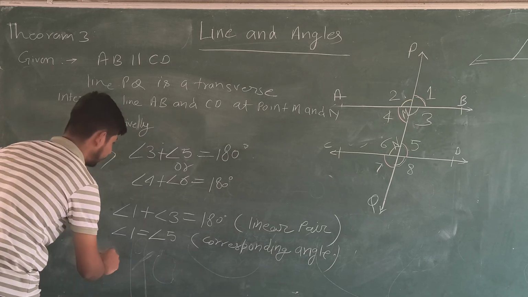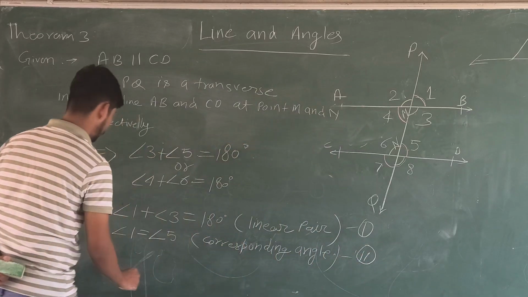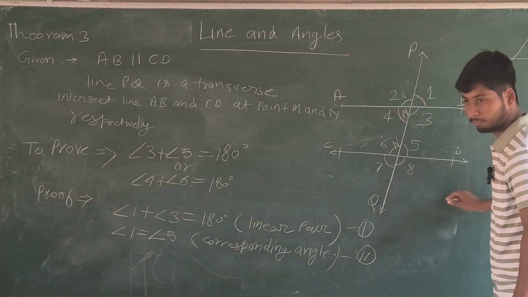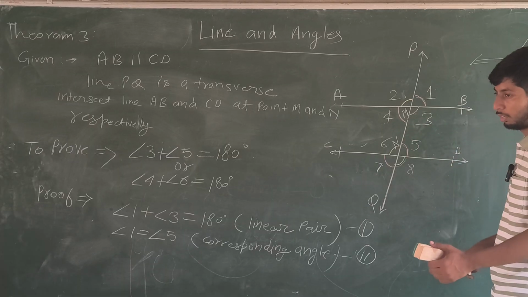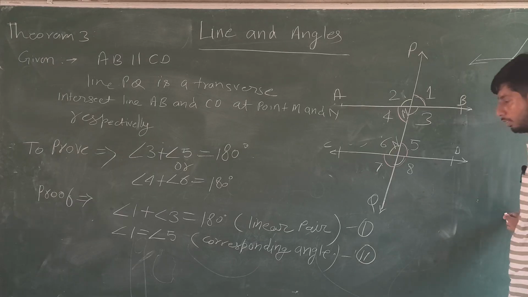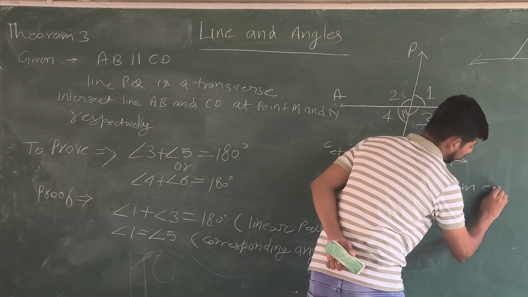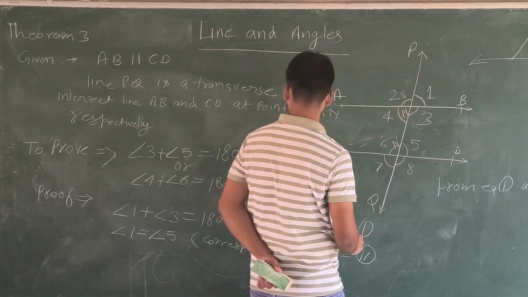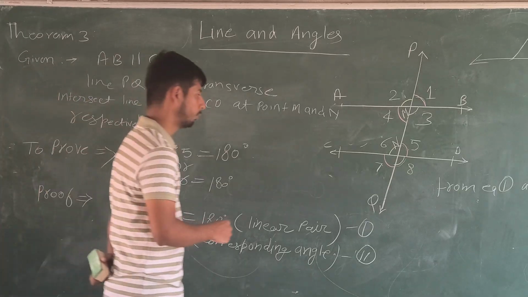If we take this one as equation 1 and this one as equation 2, then from equation 1 and equation 2, we are just replacing angle 1 with angle 5 in equation 1.